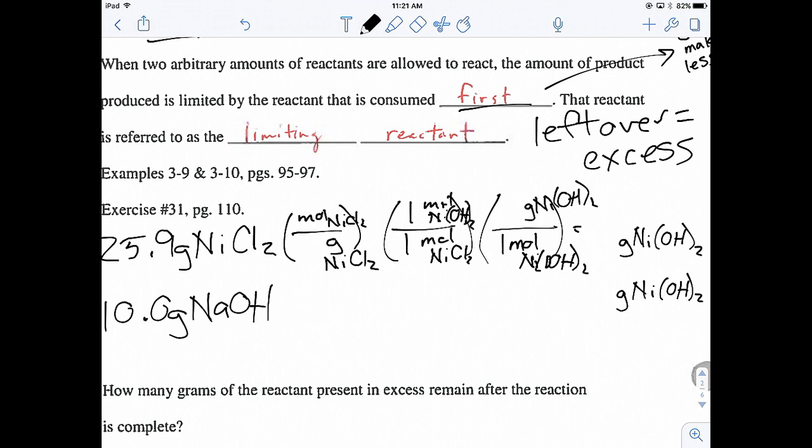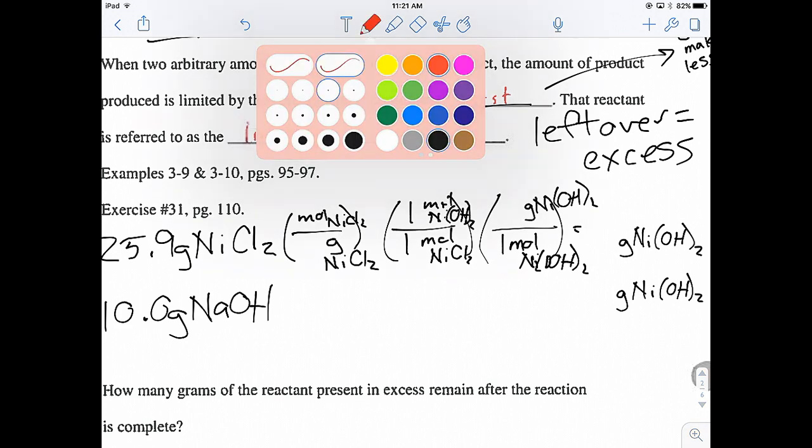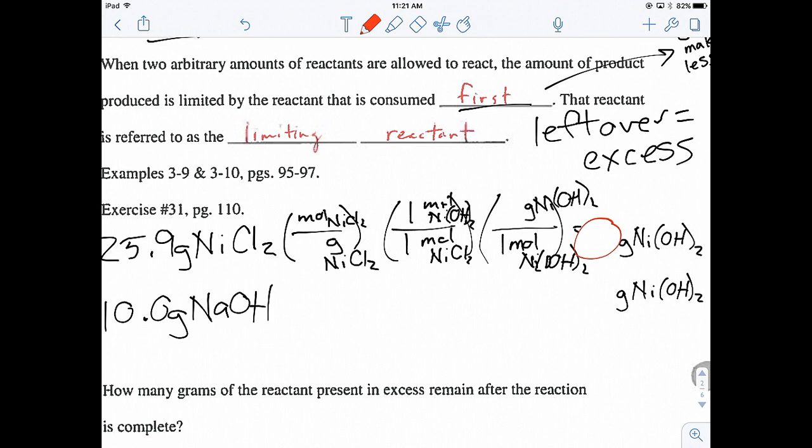But we could find the number of grams, and it would turn out that this number here would be lower, and this number here would be higher, indicating that with 25.9 grams of nickel chloride, we could make less of the product. Once we've made that amount of product, which I think comes out to 11.6 grams in the textbook, we're going to be out of the nickel chloride.